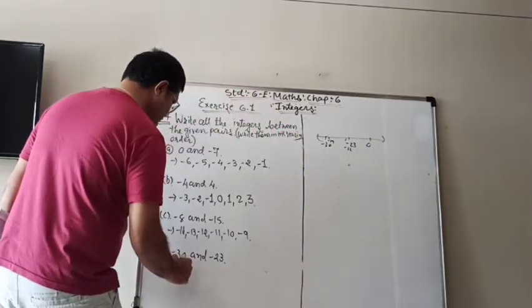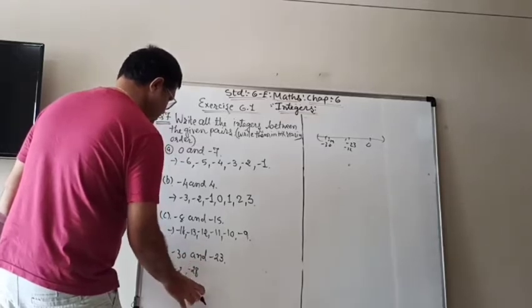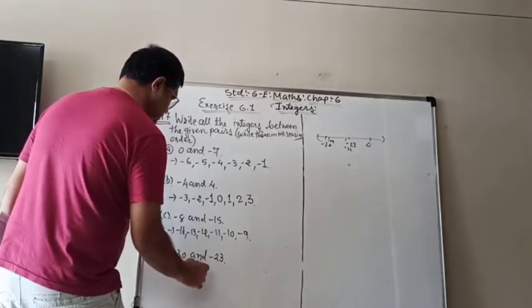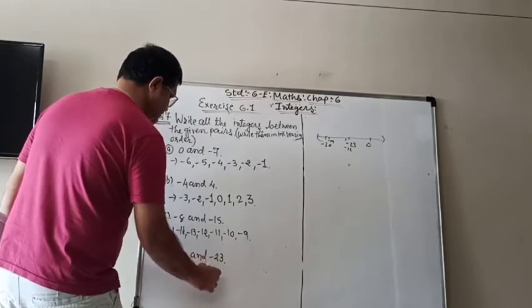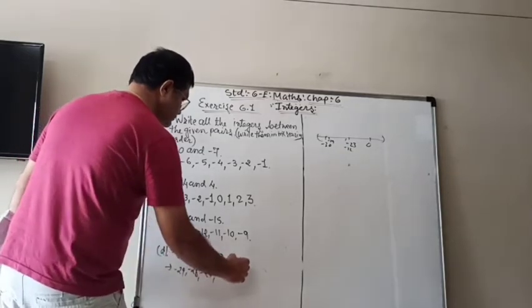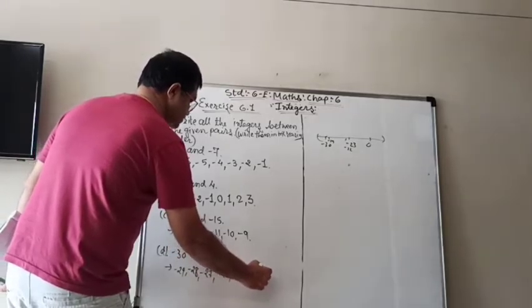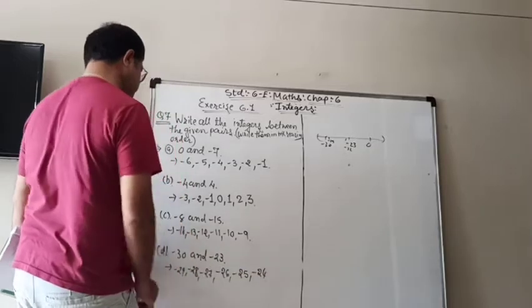So it will be minus 29, minus 28, minus 27, minus 26, minus 25 and minus 24.